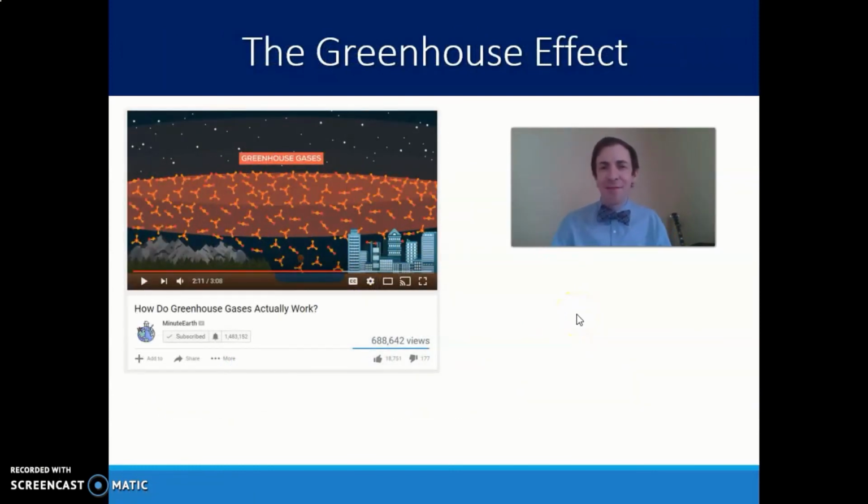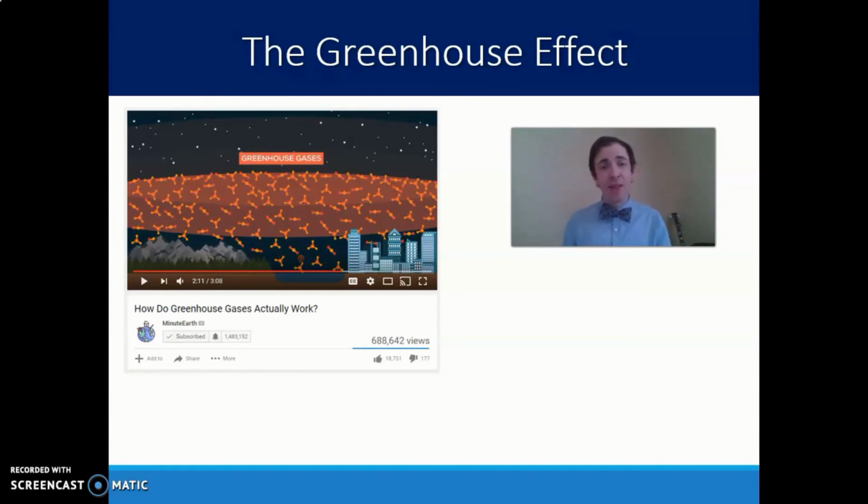So if we're going to talk about CO2, we need to talk about how CO2 is actually affecting us in terms of climate change. Because CO2 is a natural byproduct of nature. Carbon dioxide in itself isn't harmful. You are all exhaling carbon dioxide right now.